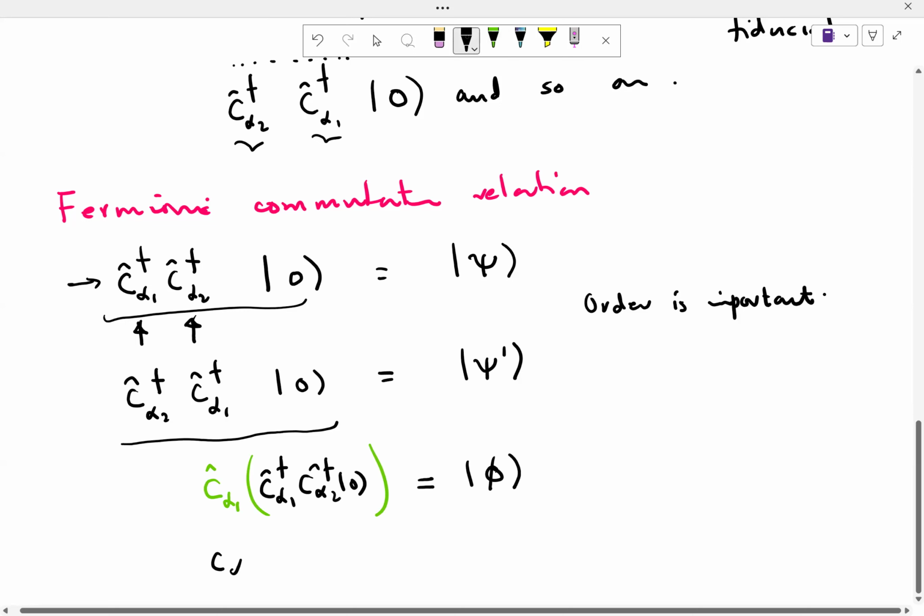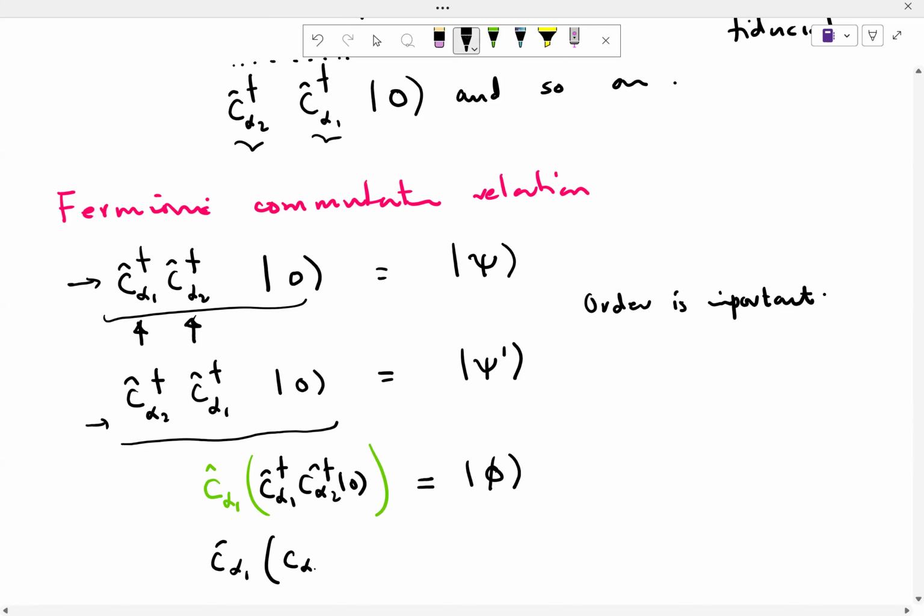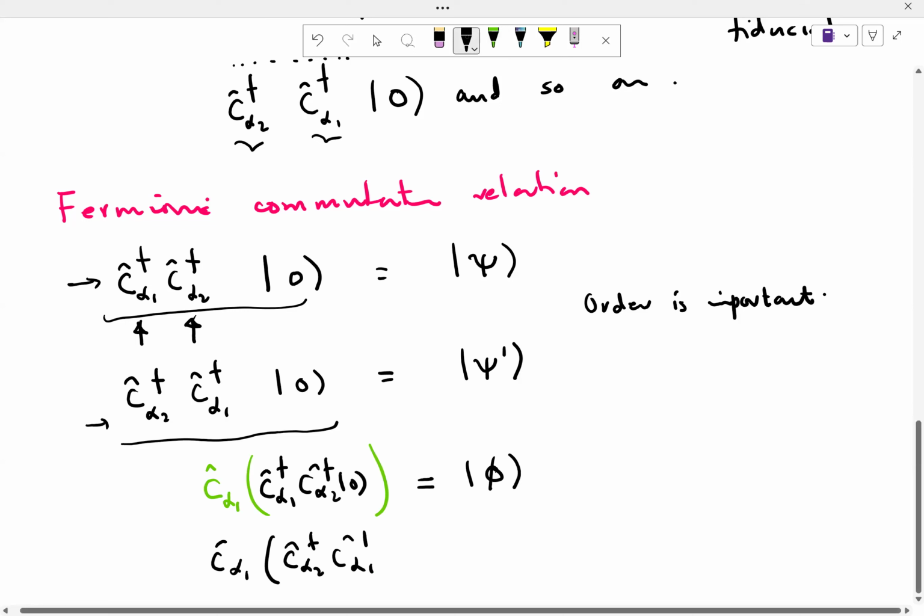But if my C alpha 1 operator acts on this state, C alpha 2 dagger, C alpha 1 dagger, I get another state. And you can show that this is going to be the negative of the original state. So the order is important. And this is true for fermions. And this is something that you can prove on your own.